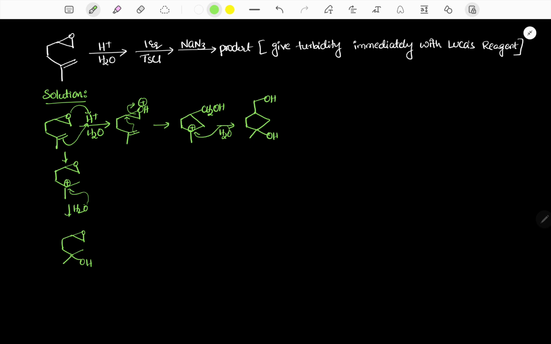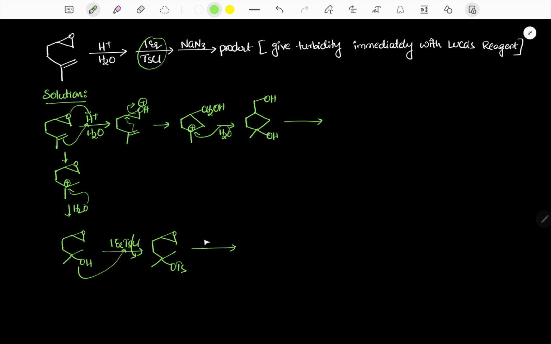So among these two, this is the suitable one because we are adding 1 equivalent TsCl. If I consider the reaction here, with 1 equivalent TsCl, the lone pair attacks the tosyl group, Cl will leave and form the corresponding OTs.